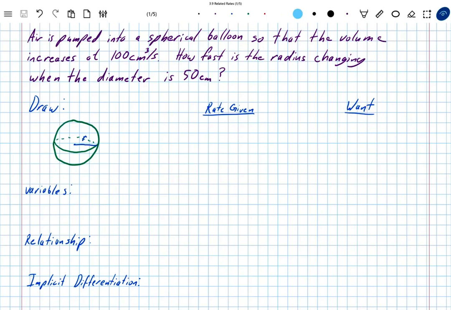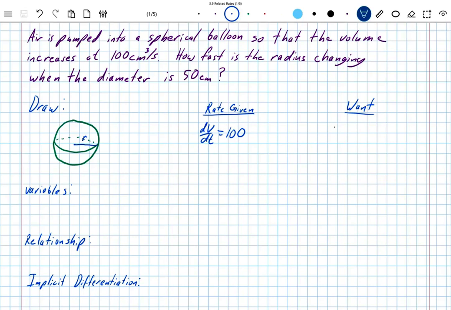So let's go ahead and write this. How do I write that rate? dV/dt, and this should equal 100. All right, the rate I want is, well, it looks like I want to know how fast the radius is changing, so I want dr/dt.